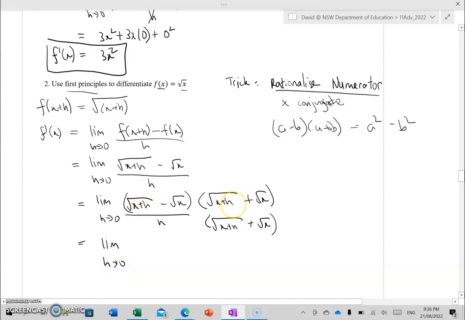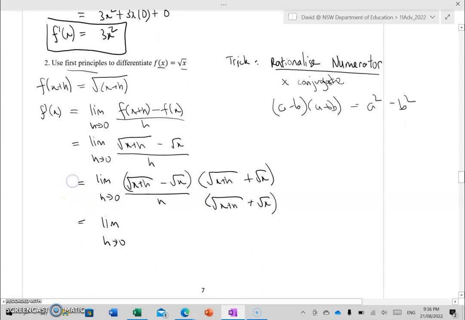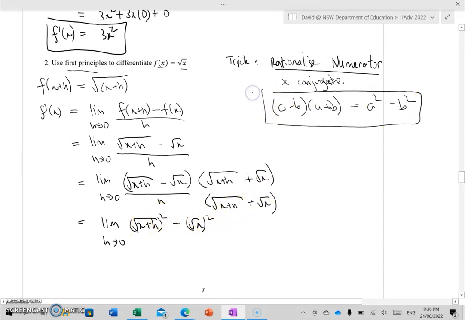So if you square the square root, the square root will go away. So it becomes root x plus h all squared, and then minus root x all squared. First squared minus second squared, using the difference of 2 squares formula. Over h times root x plus h plus root x.